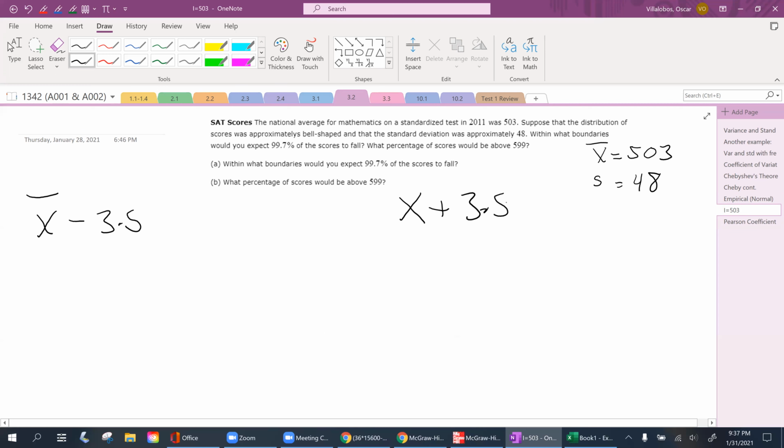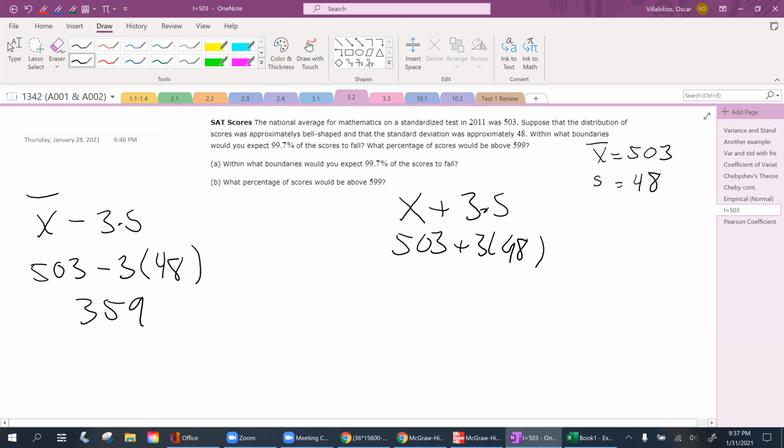And here, my mean was 503 minus 3 times my standard deviation, which is 48. That gives me 503 minus 3 times 48, which is 359. And this other one is 503 plus 3 times 48, which gives me 647.